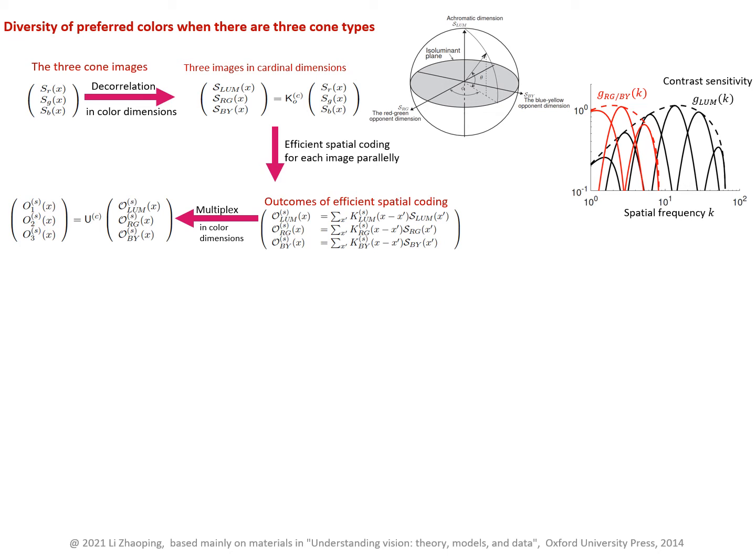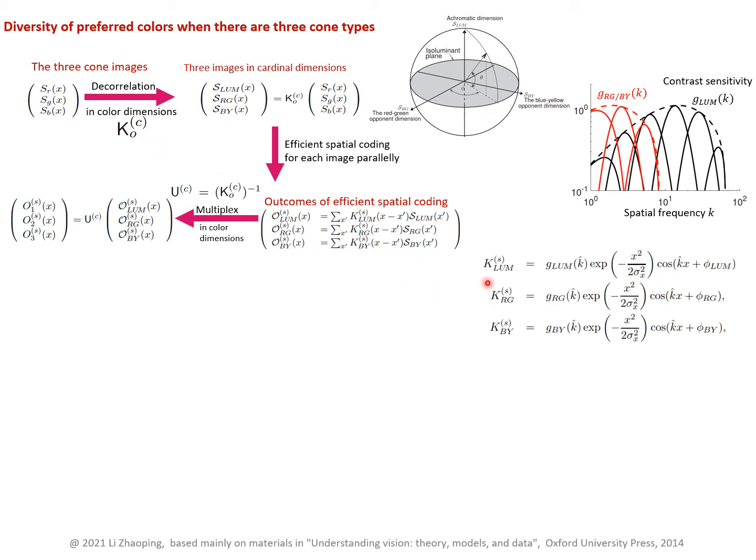If the original cone decorrelation matrix is K0, the multiplexing matrix is the inverse of that, and let these three filters be described by these three Gabor functions with the gains according to these contrast sensitivity gain curves and according to whatever the mean frequency is for this gain.